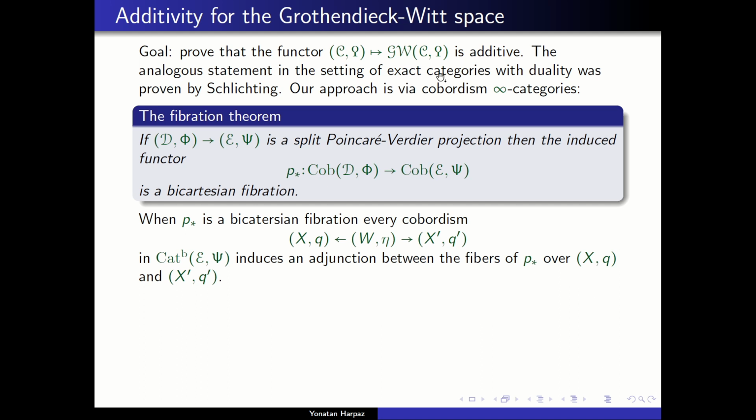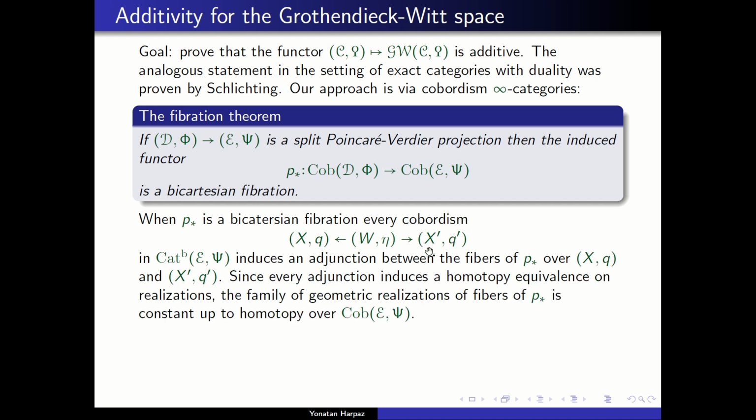And what this means is that for any cobordism at the bottom, any cobordism in E induces not just a functor in one direction from the fiber over (X, q) to the fiber over (X prime, q prime), and not only a functor in the other direction, but in fact an adjunction between the fibers.